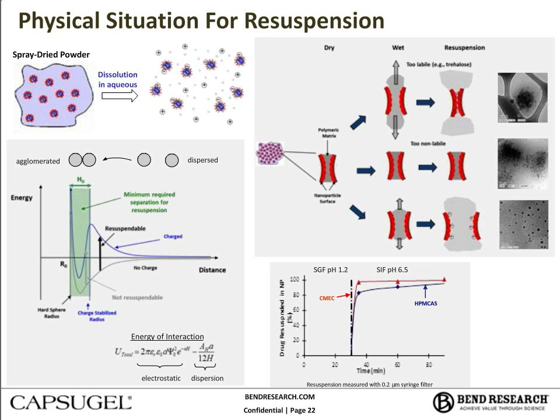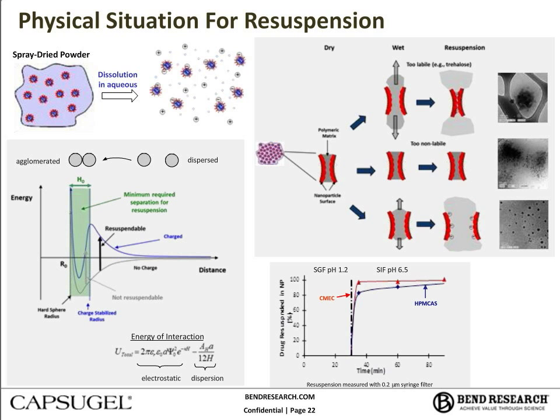So what we found works pretty well is using relatively low molecular weight amphiphilic polymers that are charged, as these tend to be very efficient at dispersing nanoparticles, particularly if the nanoparticles and polymers have a similar charge. For example, a negative charge from acidic groups. Examples of matrix materials that we've used are CMEC and HPMCAS, as well as some biopolymers.